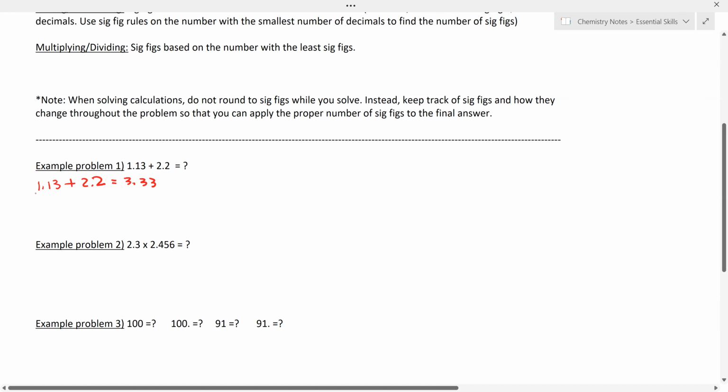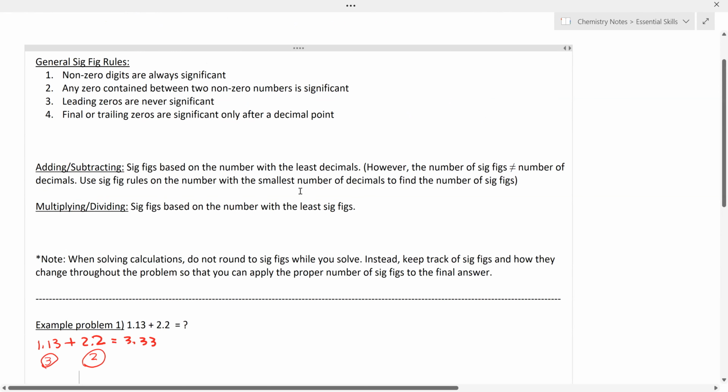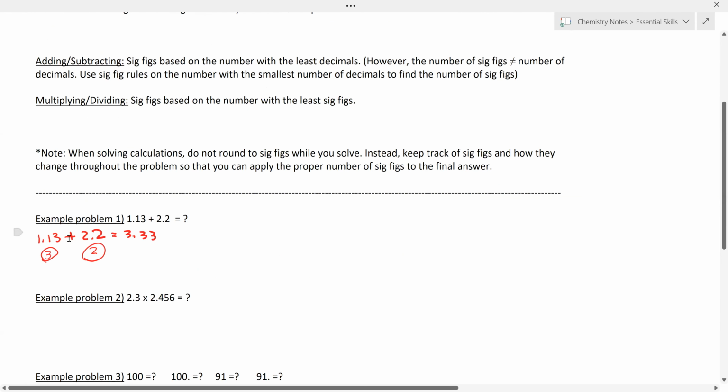So what you'll see here is you have this 1.13, that's 3 sig figs. 2.2 is 2 sig figs. We go back to the addition rules. Sig figs are based on the number of the least decimals. So this works out both ways, where with the adding, this number right here, the 2.2, has the least amount of decimals.